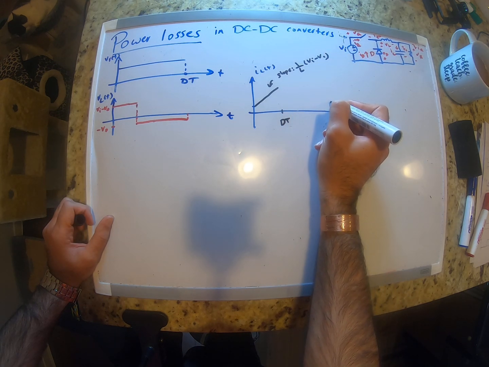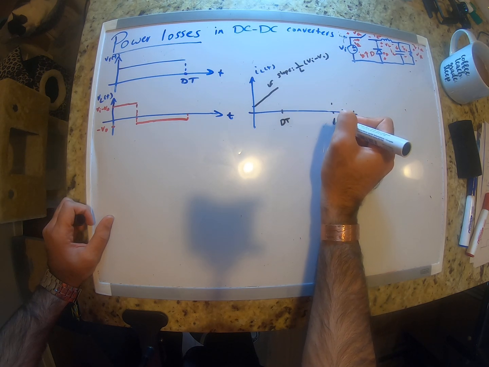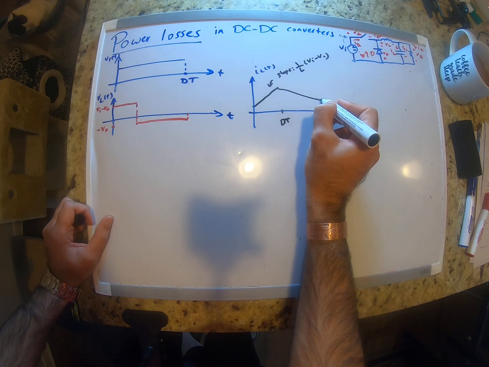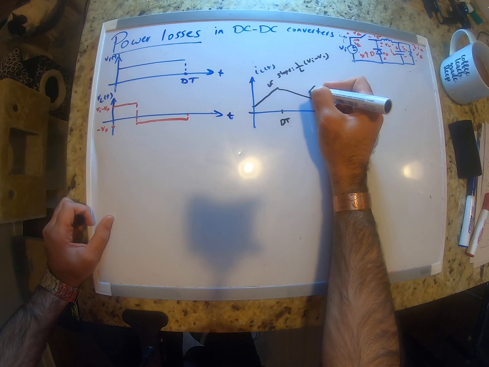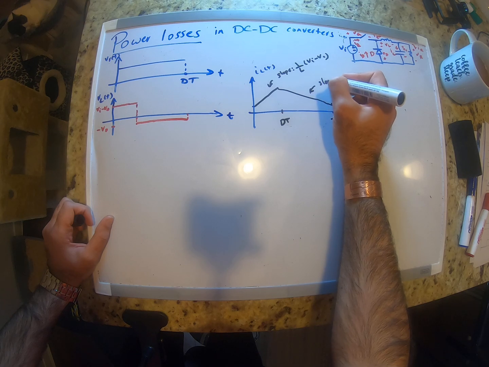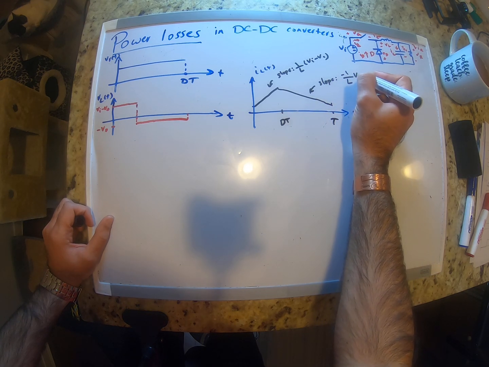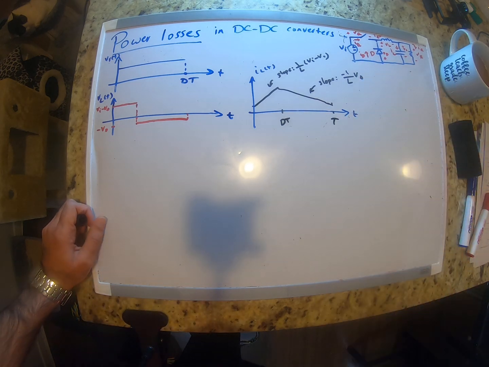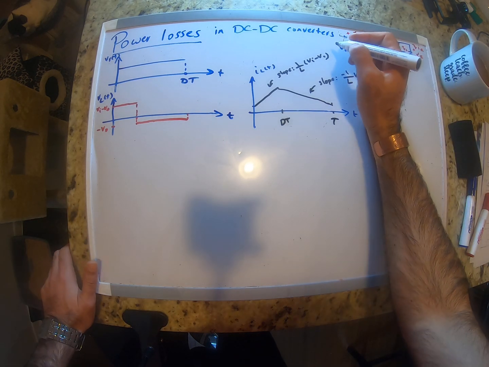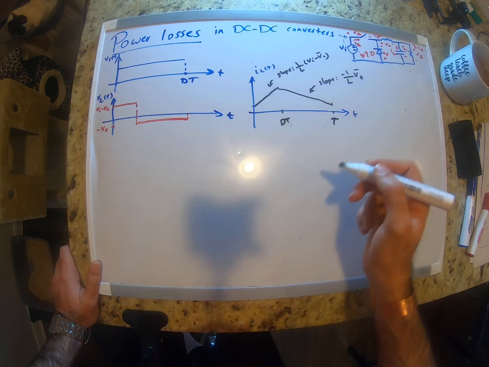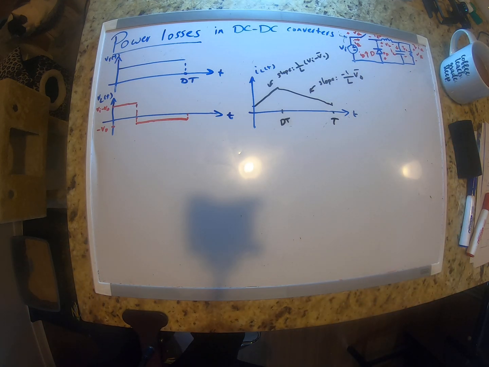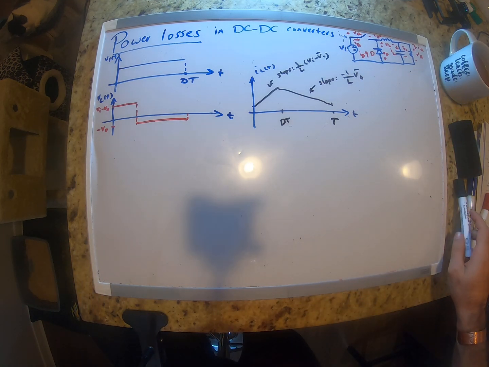And for the next part, it's going to decrease to the same level with the slope of negative 1 over L times Vo. Here some people put average here, but we assume that VO is constant.